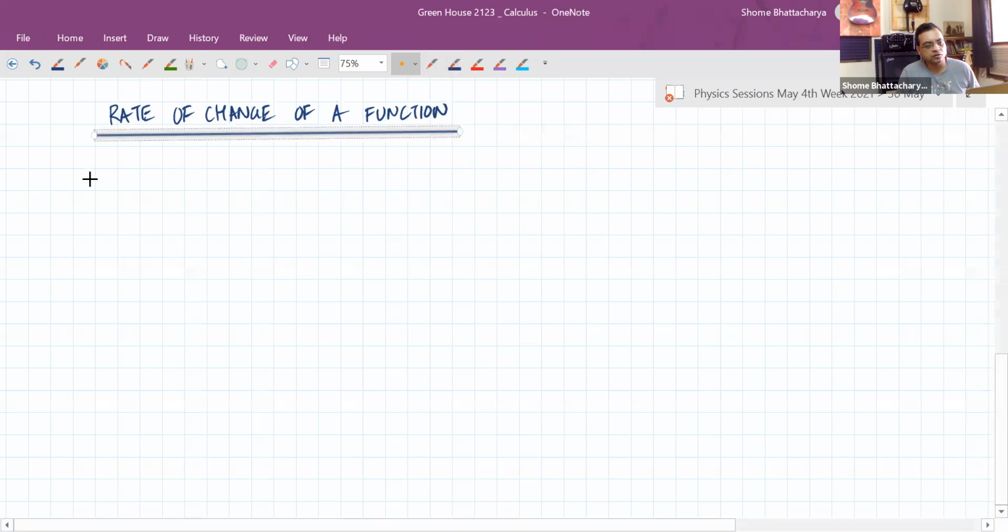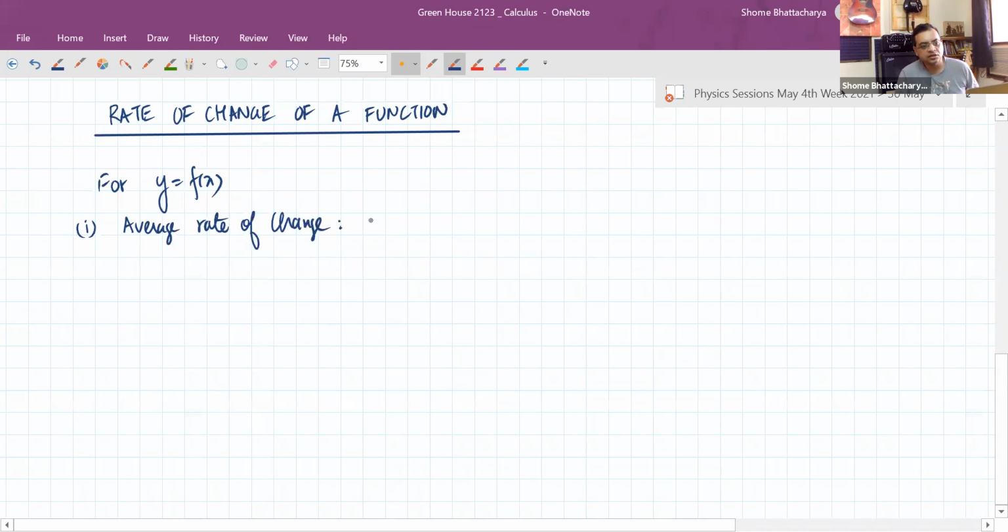So for any given function y is equal to f(x), for example, as you know, we define two types of rate of change. The first type of rate of change is the very simple one, which is called the average rate of change. So what is the average rate of change?